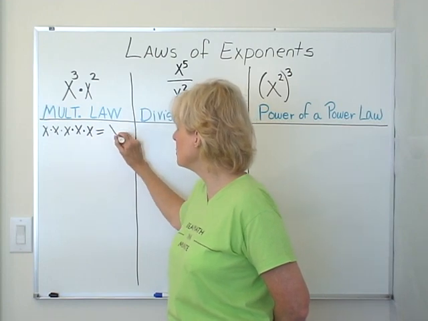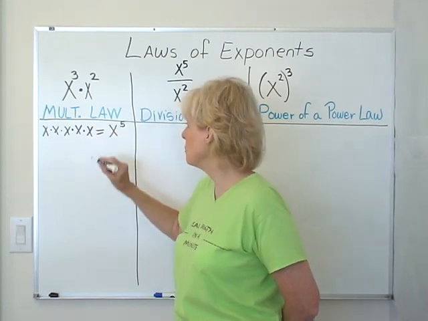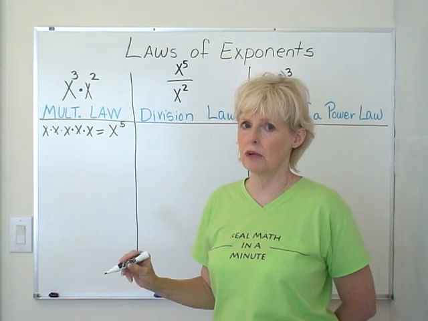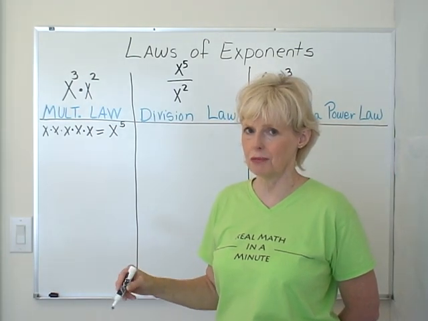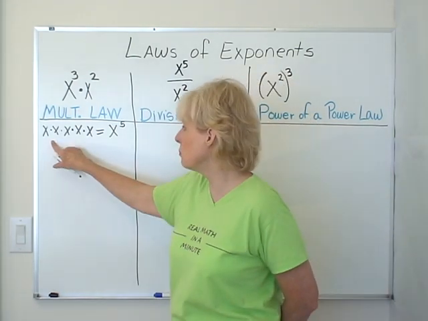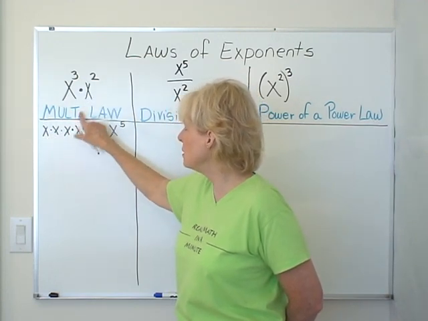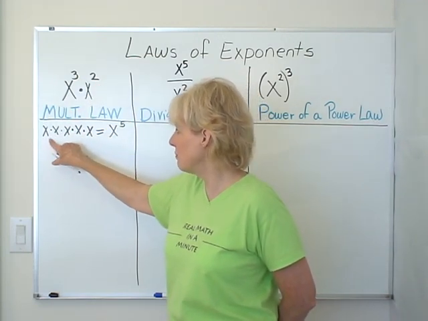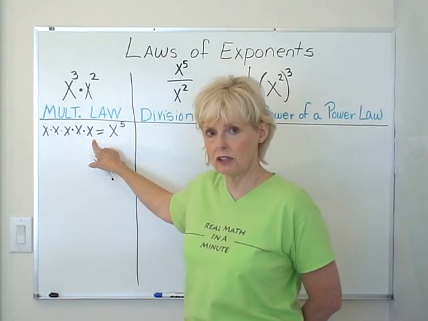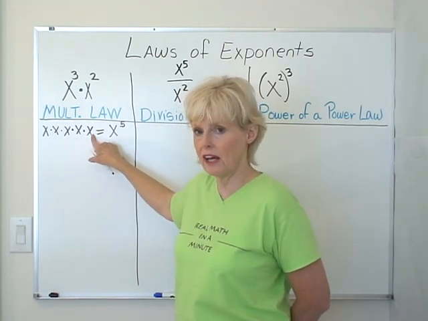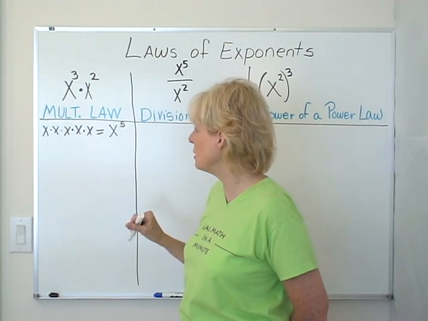So that could be written as x to the 5th. It's a shortcut, so we definitely want to write using our exponents to make it shorter. But this is really what we're thinking. We're thinking I've got 3 x's times 2 x's. So I've got 5 x's used as factors, so that's the same as x to the 5th.